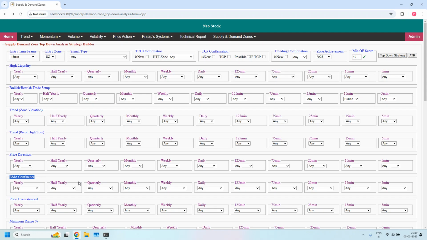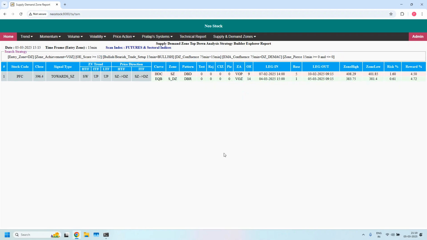We will check. 75 minutes demand zone with daily EMA confluence. We got one stock. So this 15 minutes demand zone is having more high probability to get success. Okay, this is LTF, ITF zone and ITF EMA confluence.